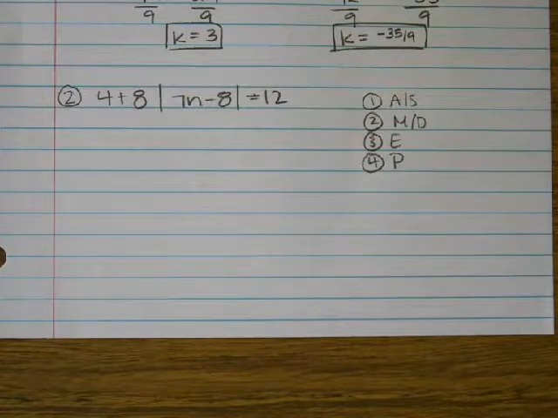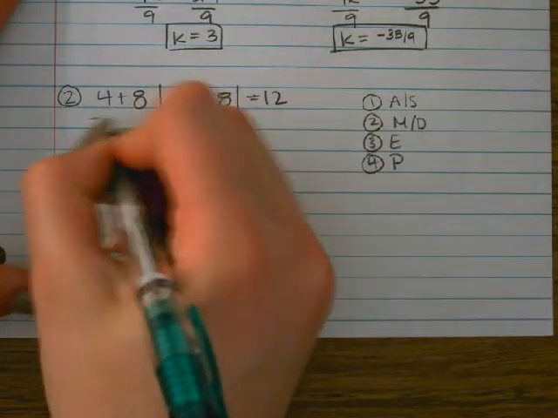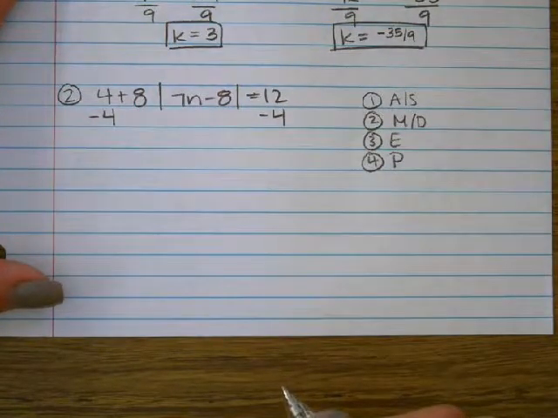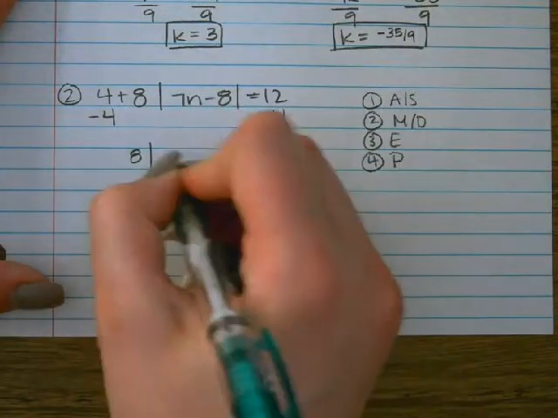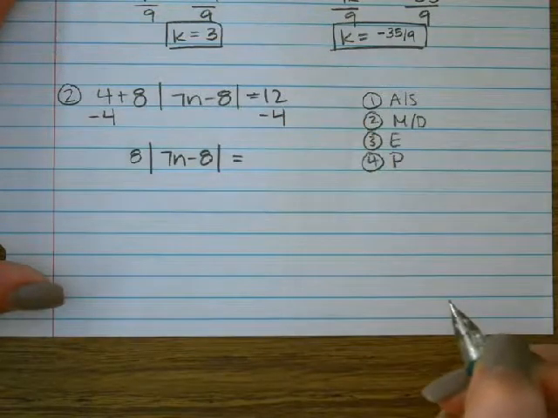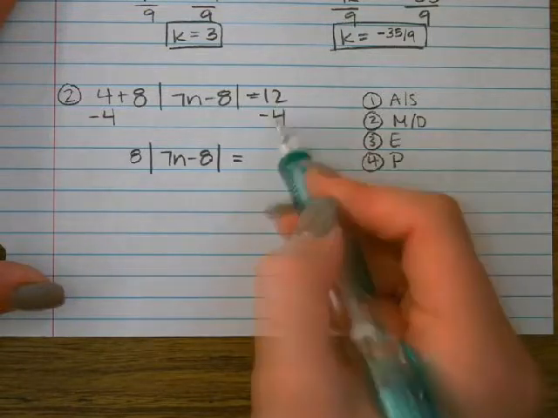So, is there something I could add or subtract to the other side? Yes. What is it? 4. So I'm going to go ahead and subtract it. So I've got 8, and then absolute value 7n minus 8 equals 12 take away 4 is 8.